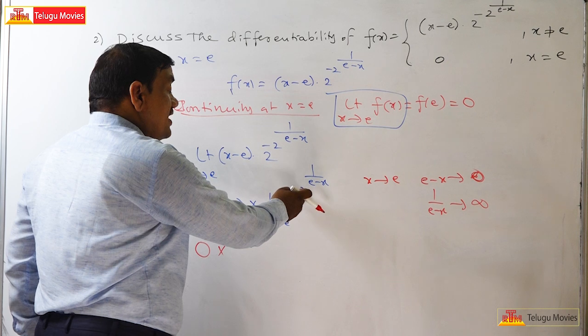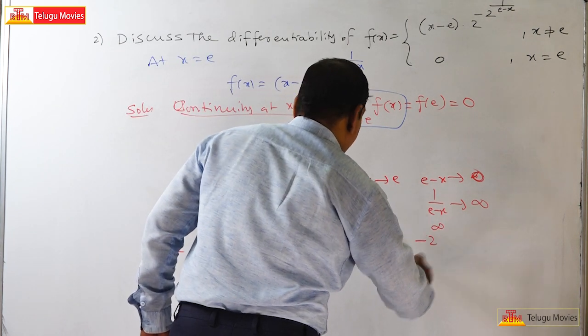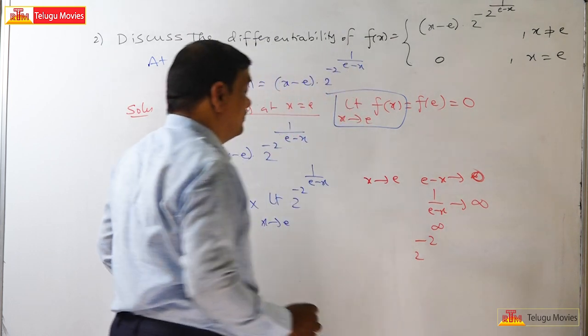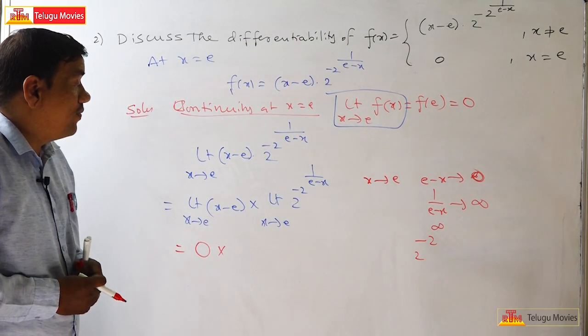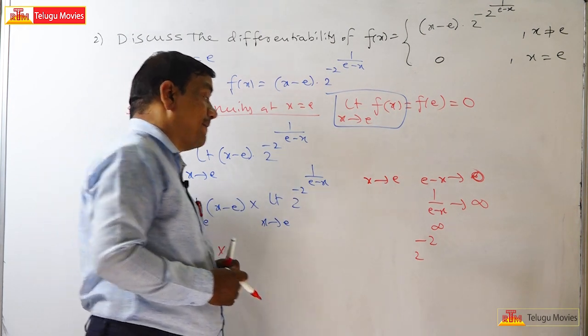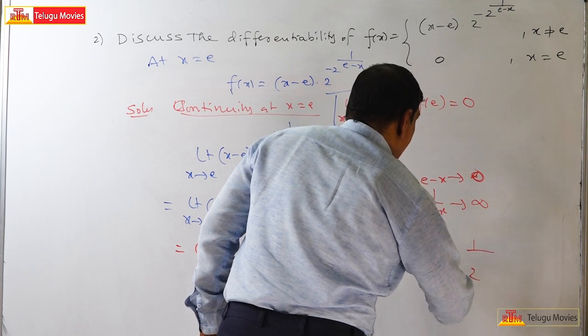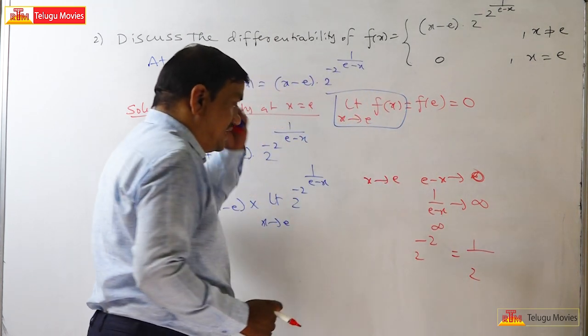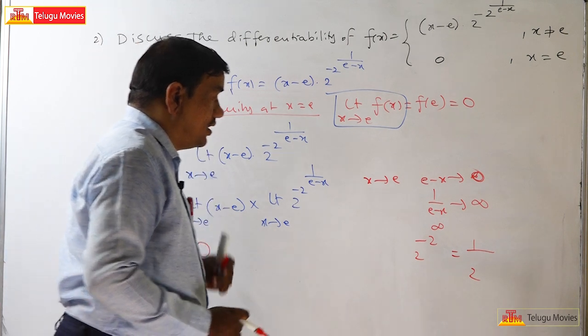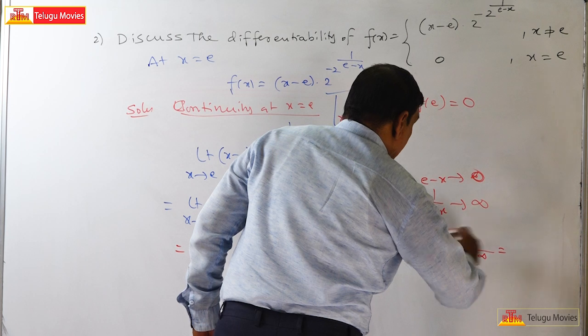So minus 2 to the power of infinity, that means minus 2 to the power of infinity, that is 2 to the power of minus 2 to the power of infinity we are getting. That means 1 by 2 to the power of, we can write it as a to the power of minus a, 2 to the power of infinity we will get.